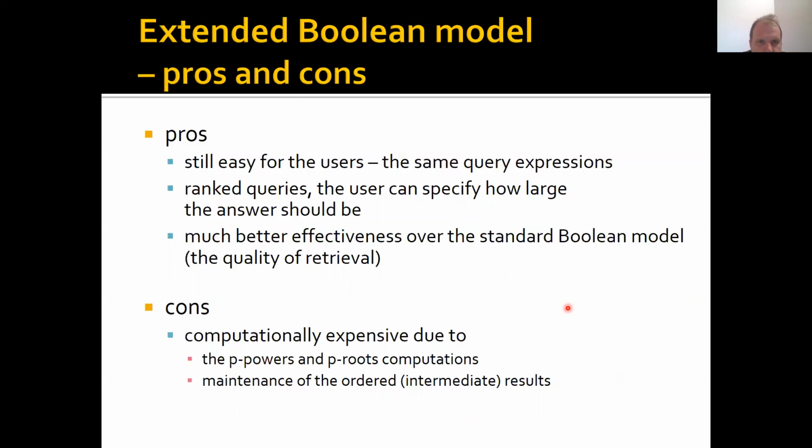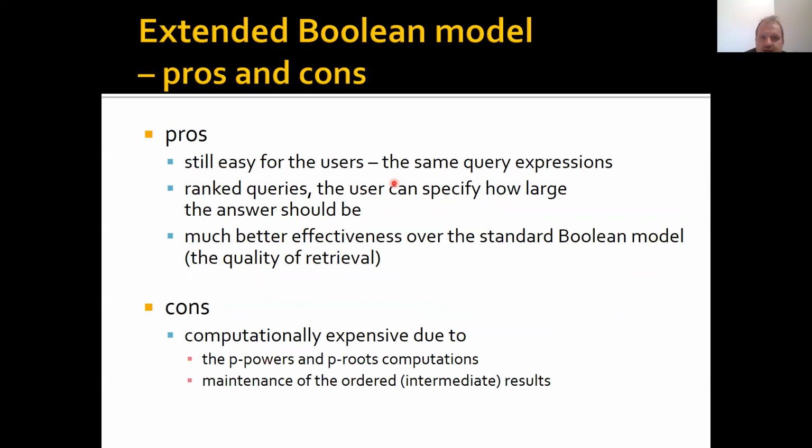If we compare the extended Boolean model with the classic Boolean model, it retained the front end, so to say. We have the same query expressions. We switch the engine behind, but we keep the interface the same. We have Boolean model queries, so it's still easy for the users and for the professionals and for everybody.